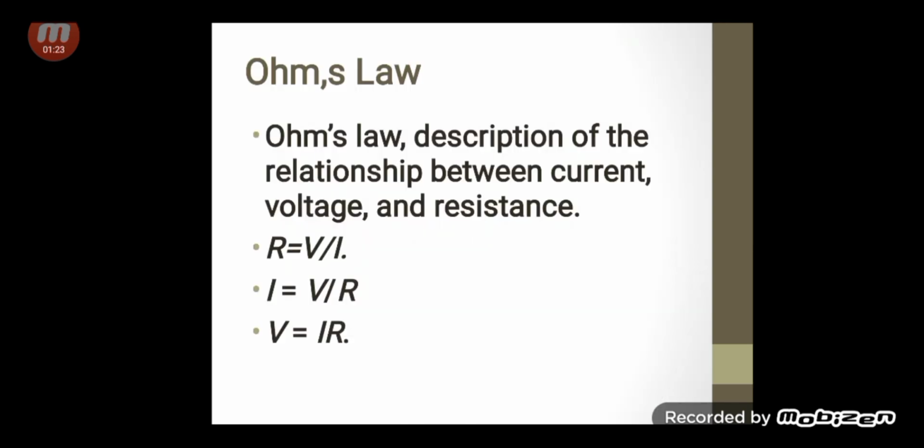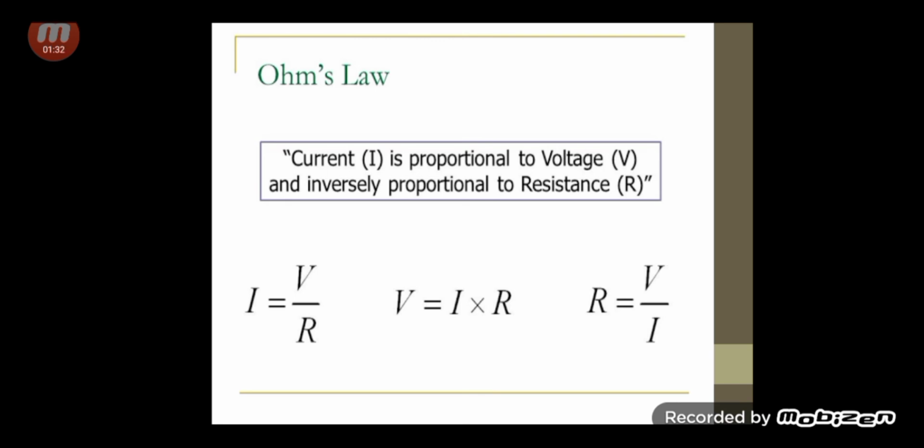Ohm's law is the description of the relationship between current, voltage and resistance, like the three formulas we have discussed. Current is proportional to voltage and inversely proportional to resistance. Look at the first diagram, I equals V over R. In this, the electric current is directly proportional to the potential difference.